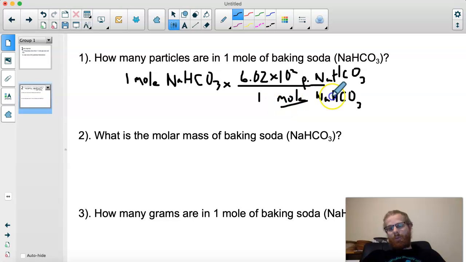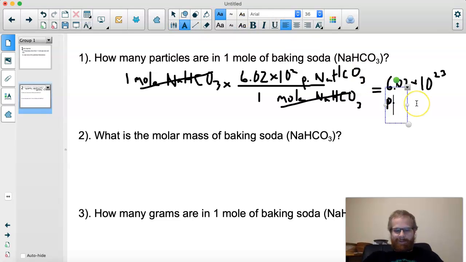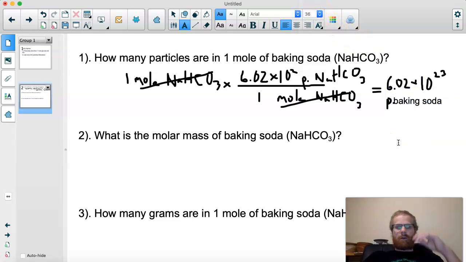When I do this, my moles of NaHCO3 cancel out, and I'm left with my answer, Avogadro's number, 6.02 times 10 to the 23rd particles of baking soda. Awesome. Bam. Okay.